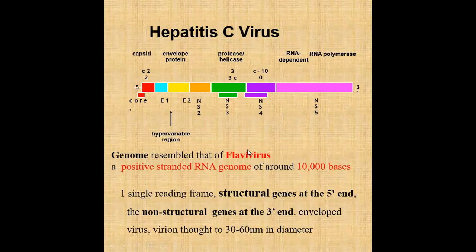This genome resembles the group of flaviviruses, meaning it shows some similarity with the flavivirus group. It is a positive-strand RNA genome of around 10,000 bases, as observed in flaviviruses.